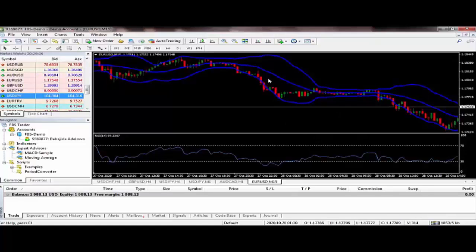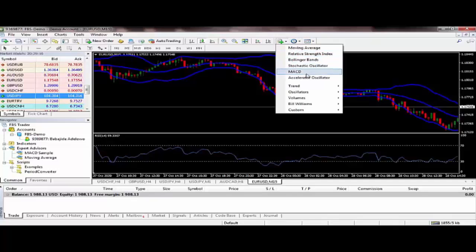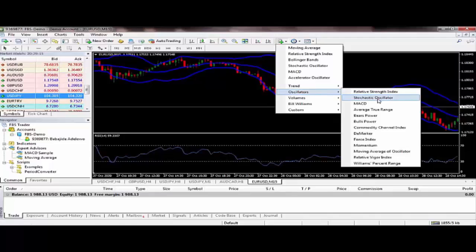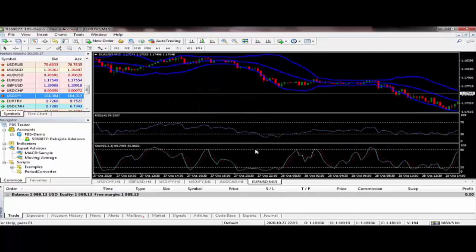Then this strategy also goes with stochastic, which is here. Anytime you see the market crossing, you feel it also here. For stochastic, anytime you see this blue crossing this red and they are above this line, which is the 80 line, and cross down, you will also be seeing the same effect going up.